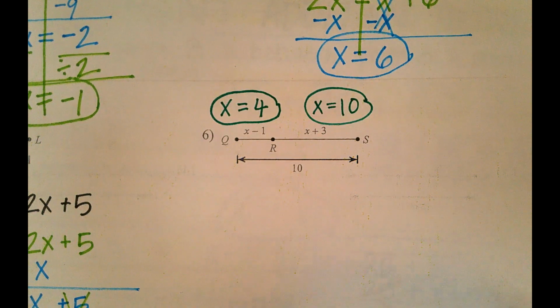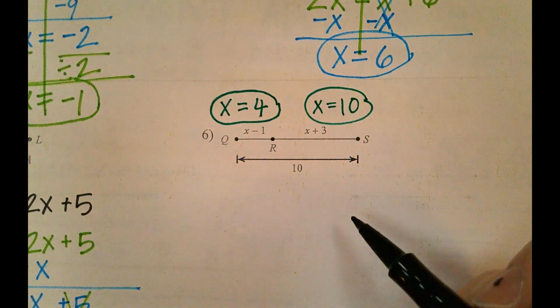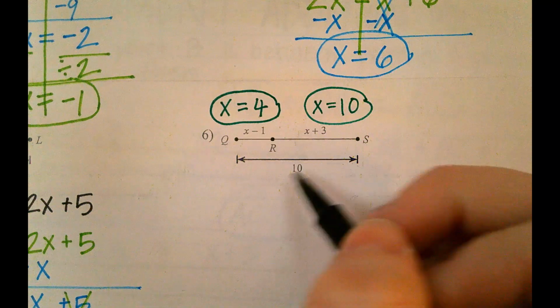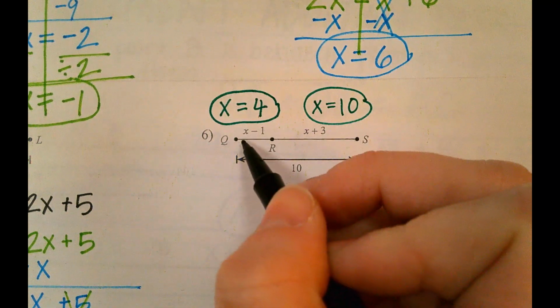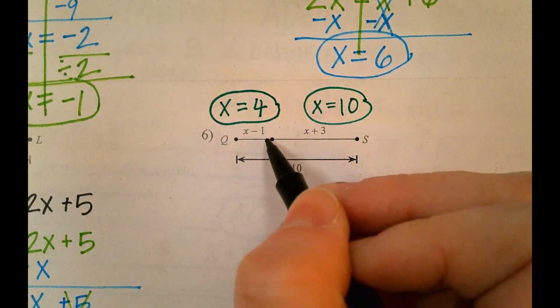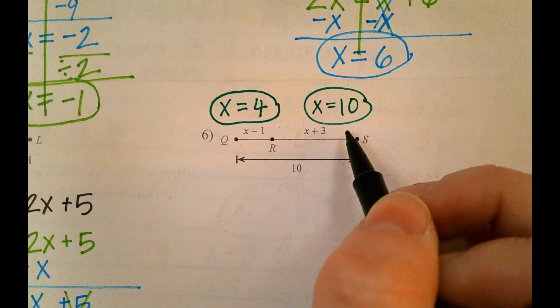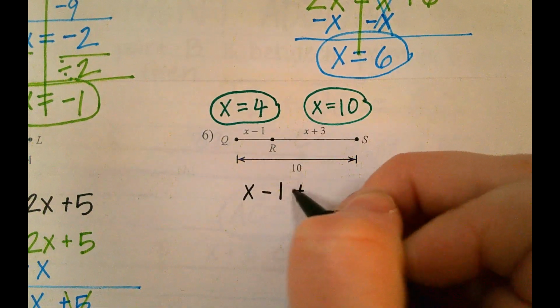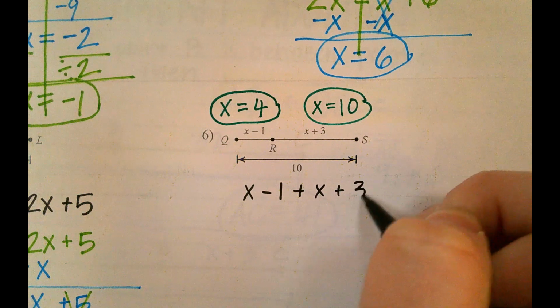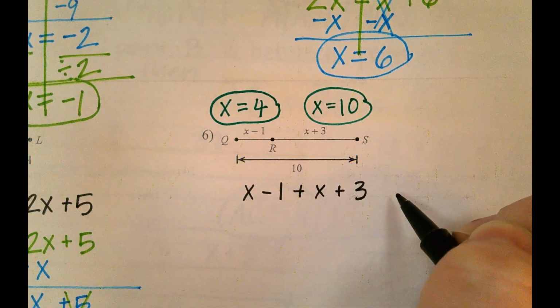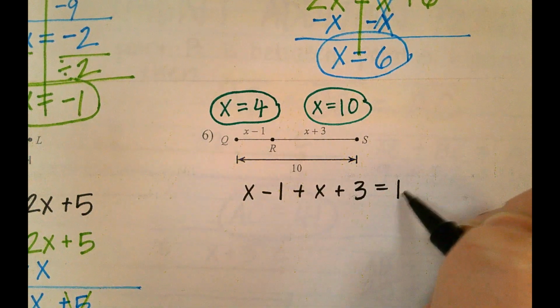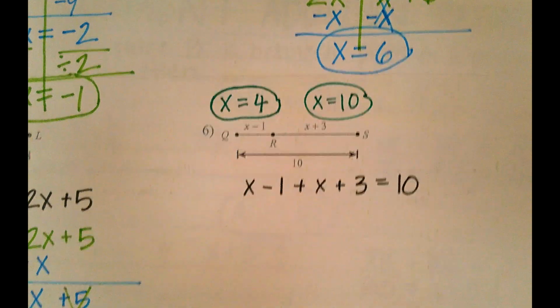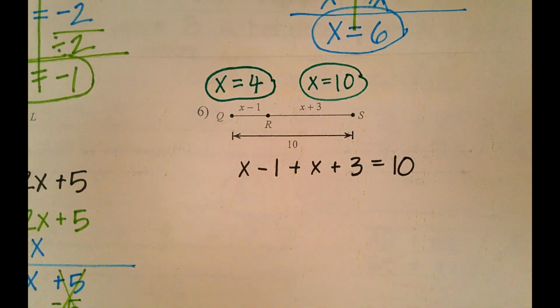What did you write? Okay, so your original equation, did you do x minus 1 plus x plus 3? Yeah. Okay, so I'm going to write that first. X minus 1 plus x plus 3 equals 10? Yes? Okay. So tell me what you did first.